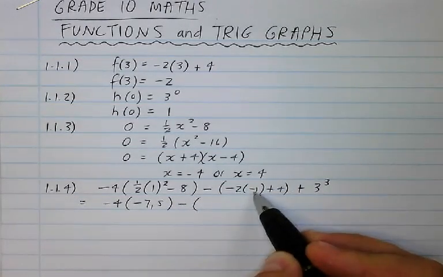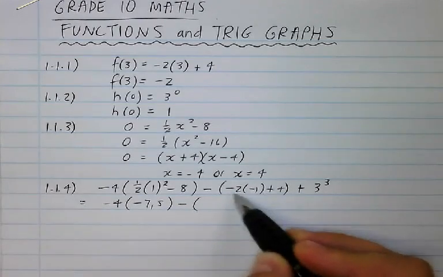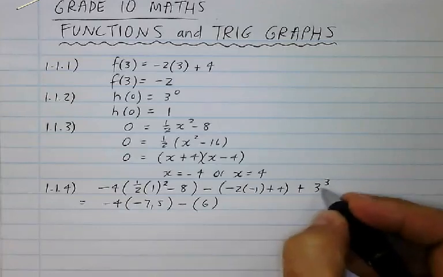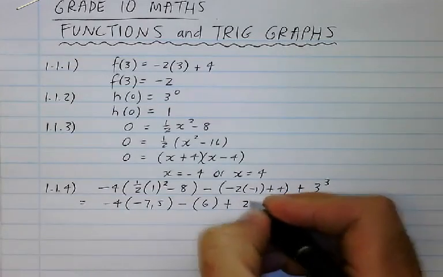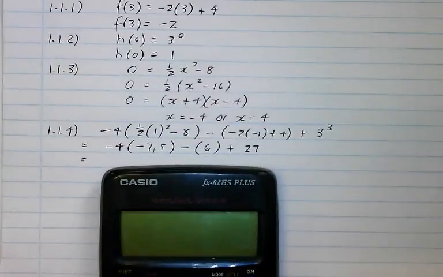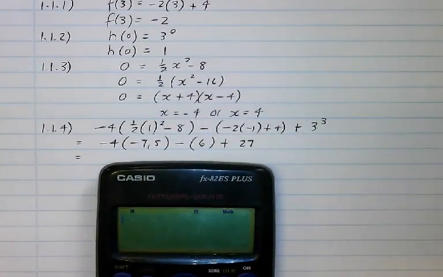Negative 2 times negative 1 is positive 2, and 2 plus another 4 is 6. And then we're going to add 3 cubed, meaning add 27. If we go and use our calculator at this stage to type in our values, we could see negative 4 times negative 7.5 minus a 6 plus a 27, and we're going to get an answer of 51.